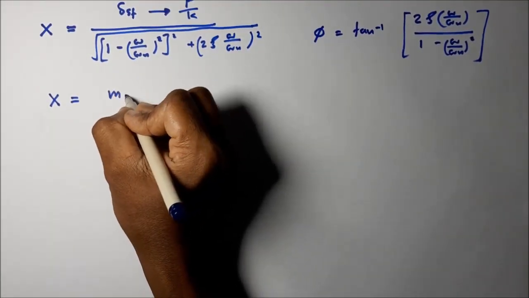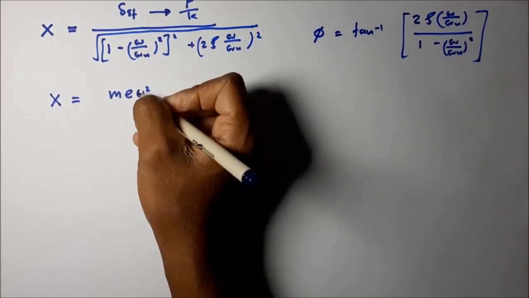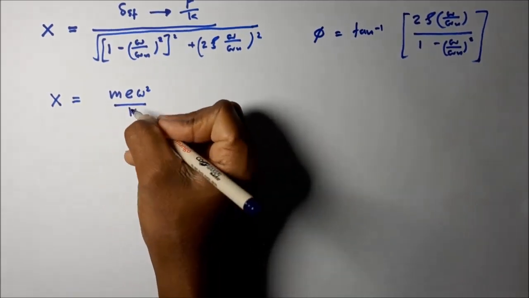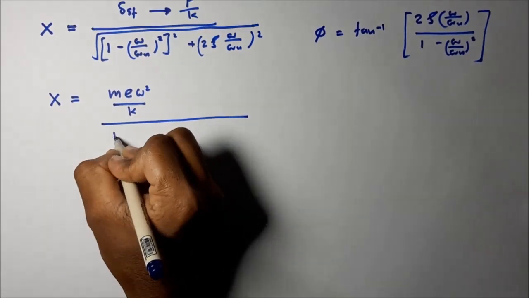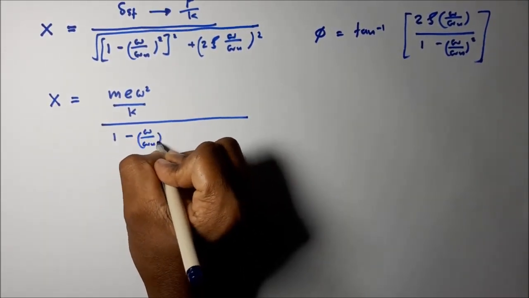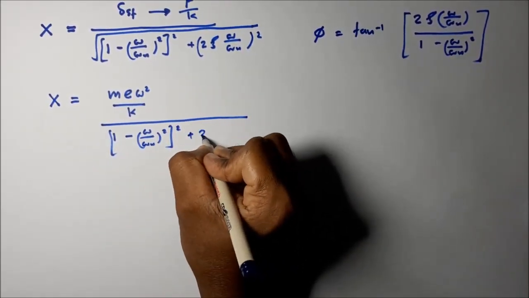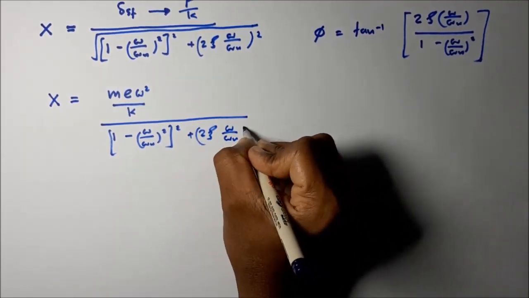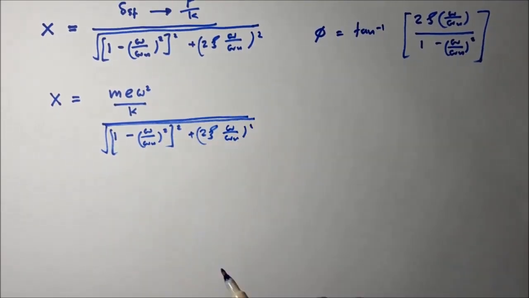Instead of r, I am going to put e. So m e omega squared divided by K, and the denominator is the square root of (1 minus omega divided by omega n, squared) squared plus (2 zeta omega divided by omega n) squared.